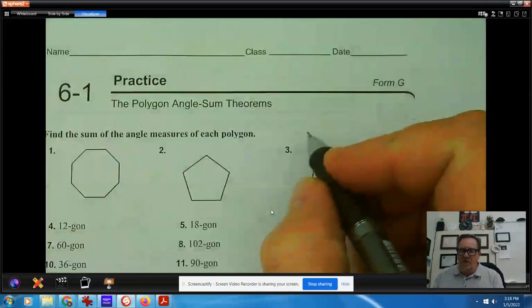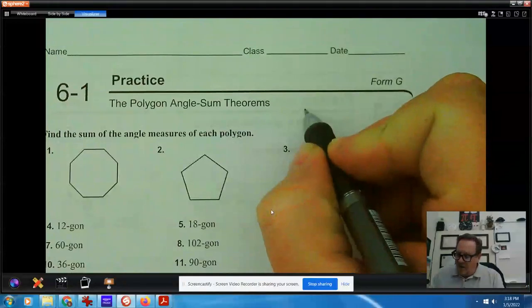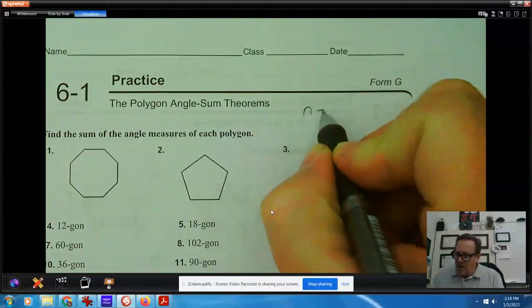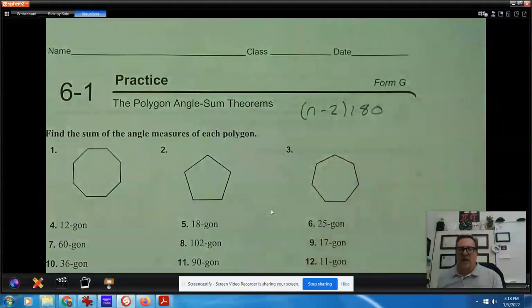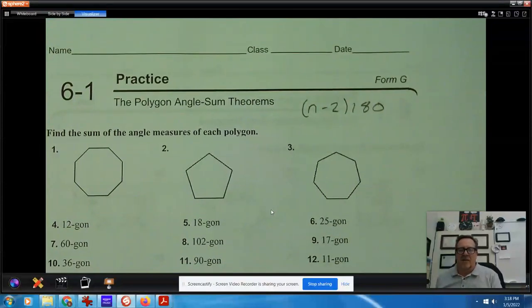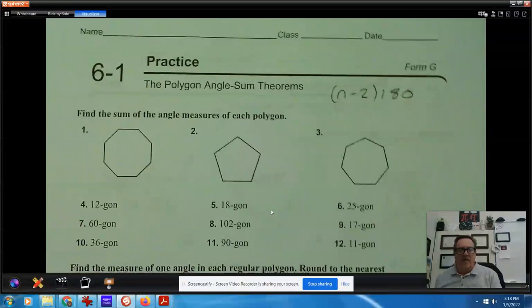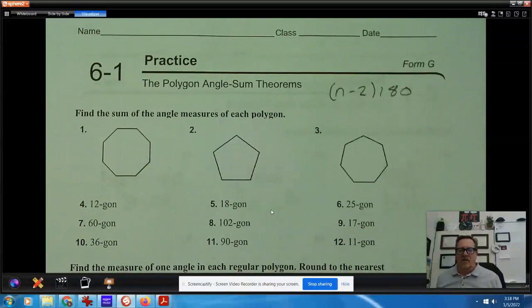Remember, the thing that we're looking at here is n minus 2 times 180. And what this tells us is the sum of the interior angles for an n-sided figure. So on the worksheet, we're going to be doing the odds. Okay, just the odds.